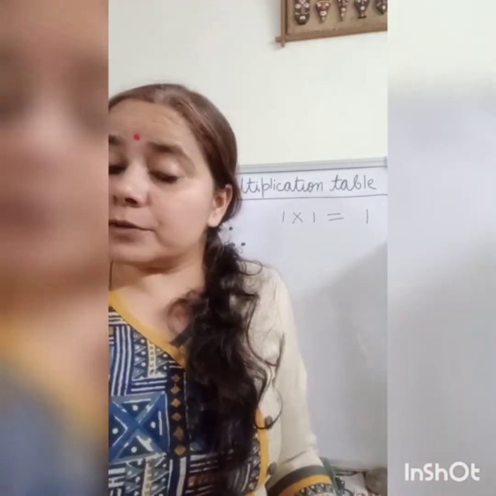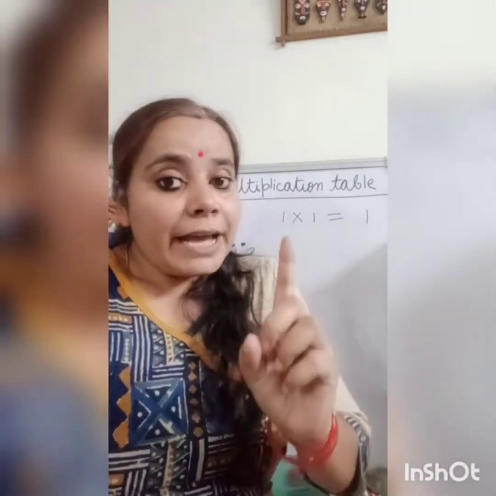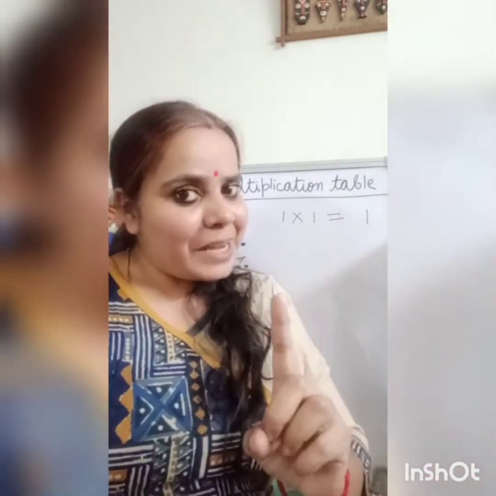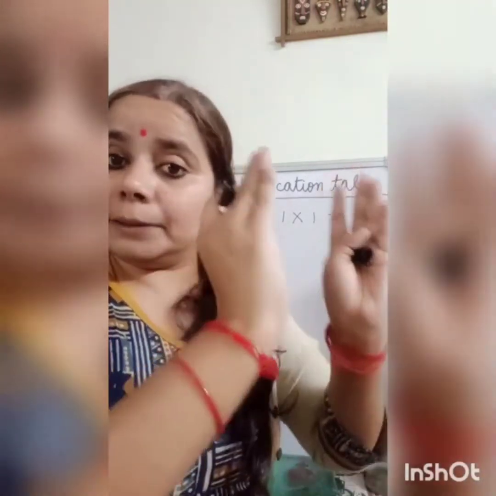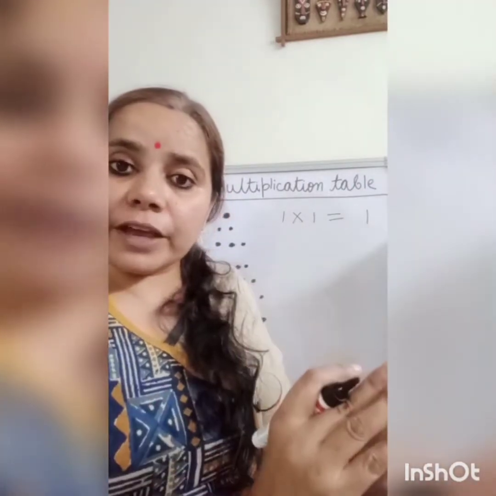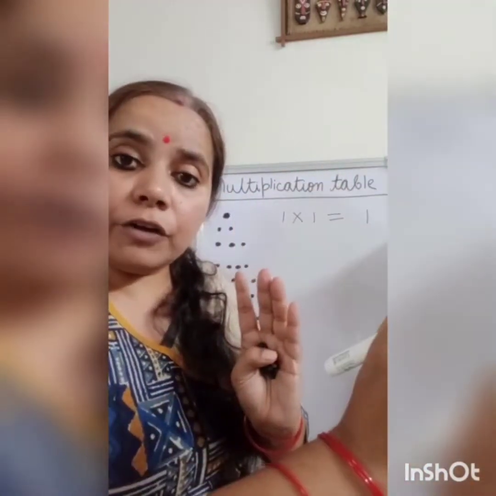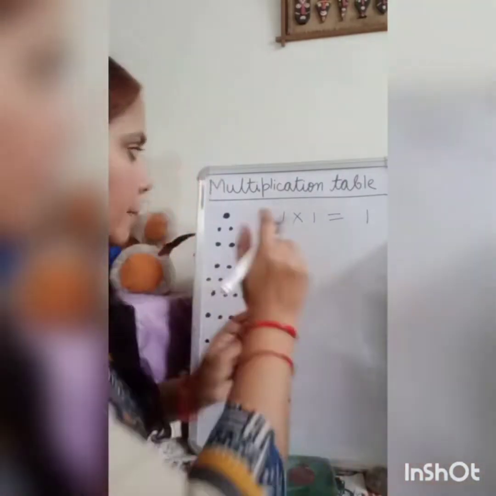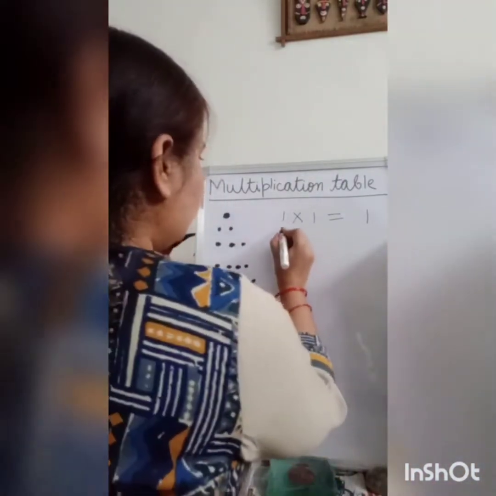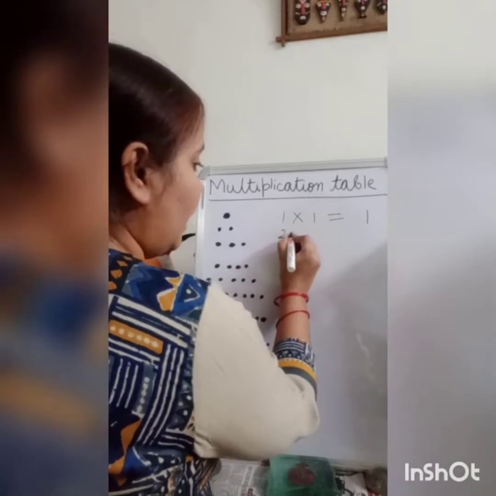So how ma'am is going to write this? 2 times 1 is equal to 2. This is called the multiplication table. And in this way, we can write the table from 1 to 10. But first, ma'am is going to show you the table of 1.